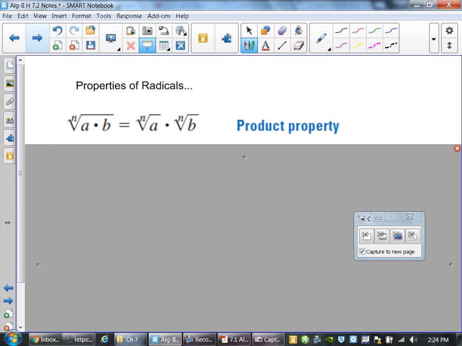Square root of 4, and again, you simplified it and got your 2 root 2. Well, this is the property that allows you to do that, which means you can do that with any nth root, which means you're going to start to look for perfect cubes, fourths, fifths.